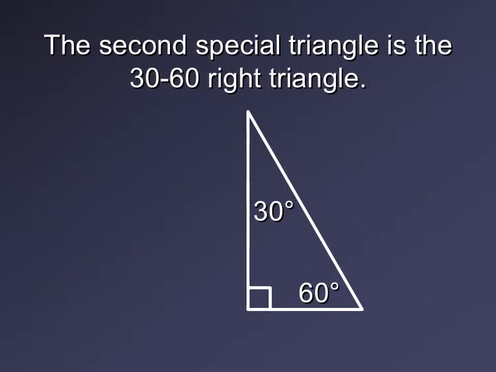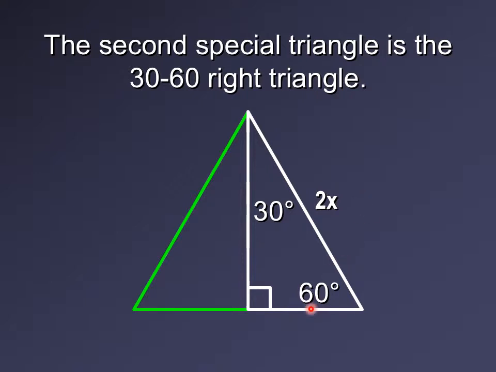Now let's do the second special right triangle. This is going to be a 30-60 triangle, and this is what makes this triangle special. If we were to make a reflection of it, then we end up with the 60-60-60 triangle, which means that our hypotenuse is going to be 2x because each side has to be the same.